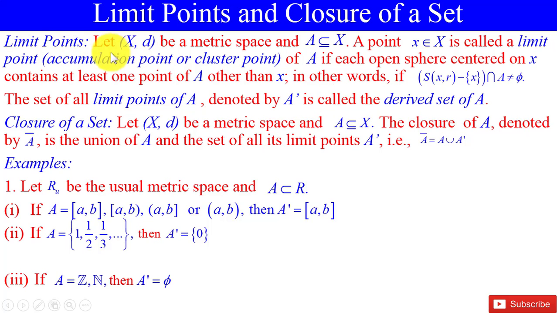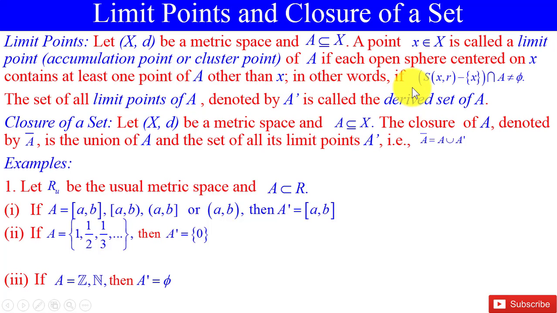Limit points. Let X be a metric space and A a subset of X. A point x belonging to X is called a limit point, accumulation point, or cluster point of the set A if each open sphere centered on x contains at least one point of A other than x.